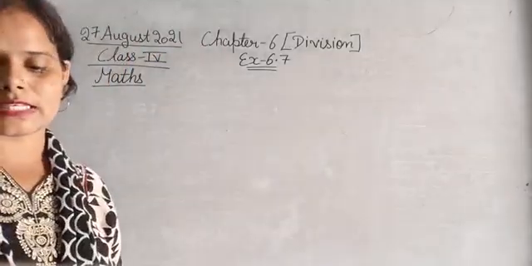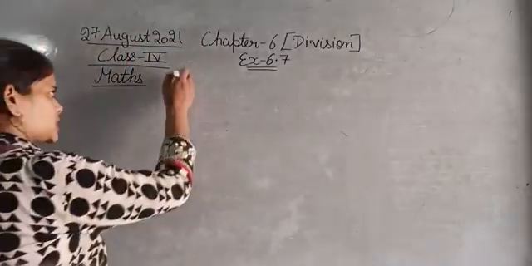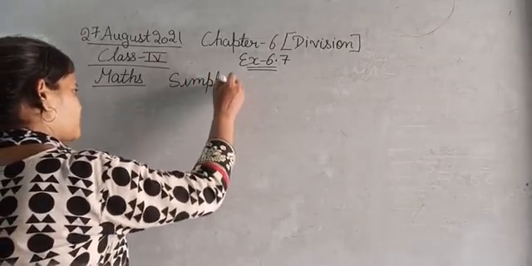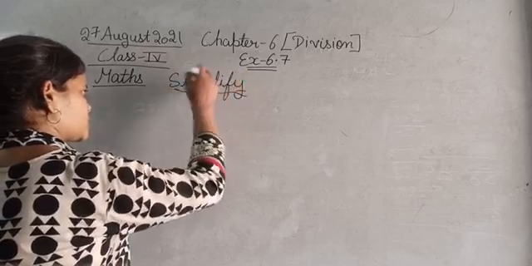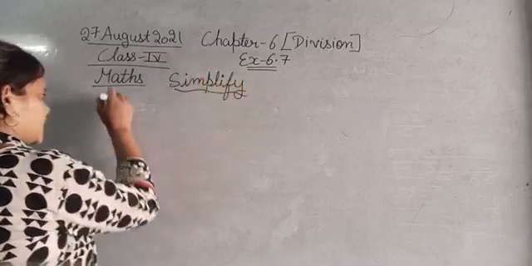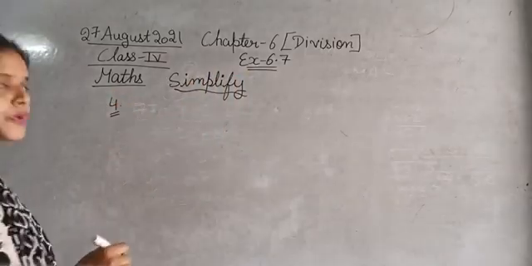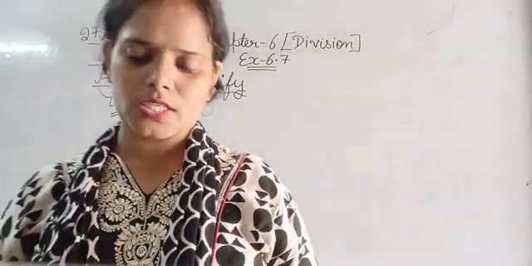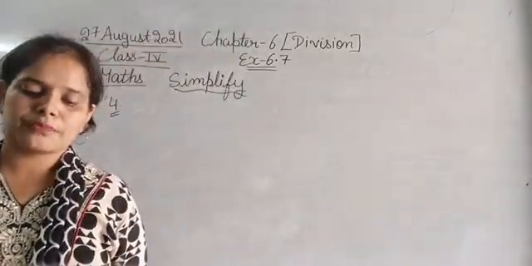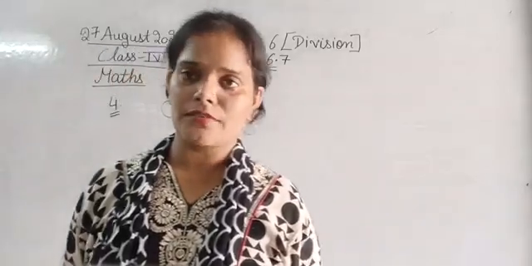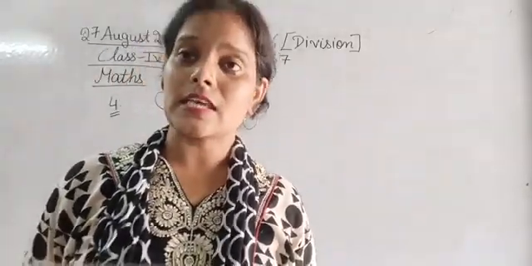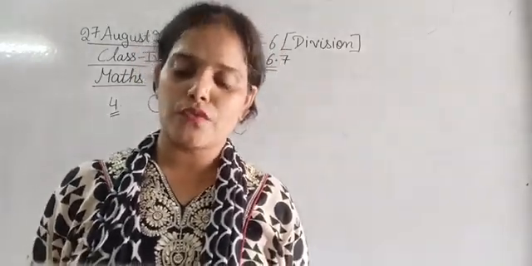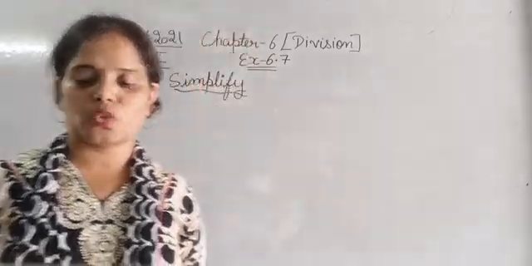Okay, so this is simplifying. We are doing the simplification and we will do question number 4 from exercise 6.7. This question number 4 is 4200 divided by 35 plus 7123 minus 4120.